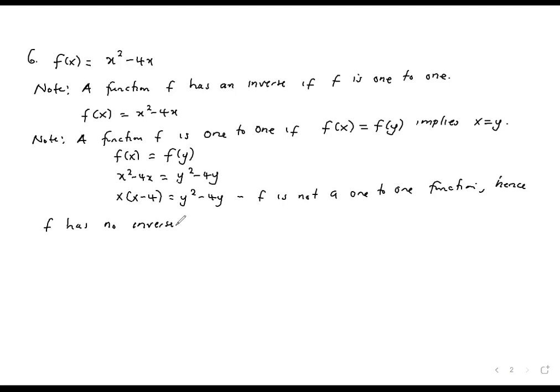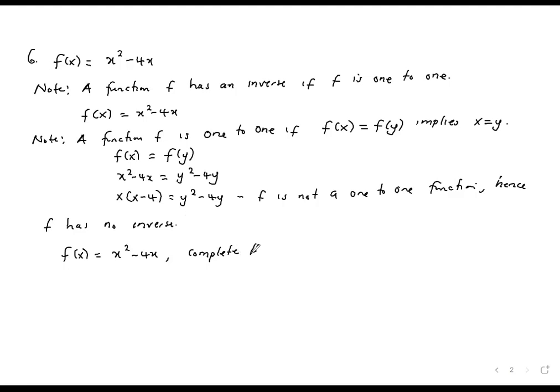Then they are saying limit the domain for you to find the inverse. Because what is making it fail to have an inverse is that it's not a 1-to-1 function. So can we limit it and have it as a 1-to-1 function? How do you do that? Okay, f of x is x squared minus 4x. So complete the square.